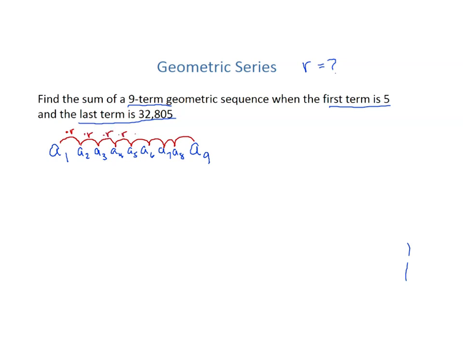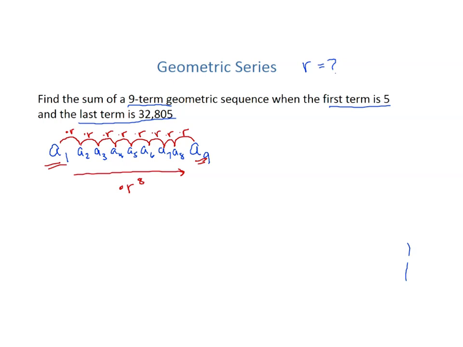So I'd have to multiply by r each time I move to the next term. If you count them up, it's going to be 8 hops, is what I like to call them because they look like little hops. There's going to be 8 hops between the first term and the 9th term. So to get from A1 to A9, I'm going to be multiplying by r to the 8th.